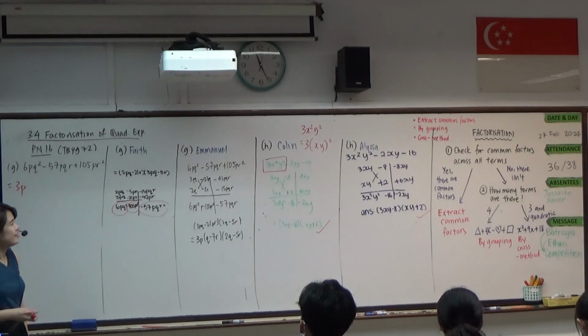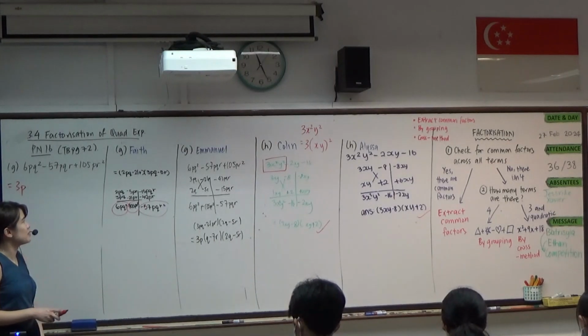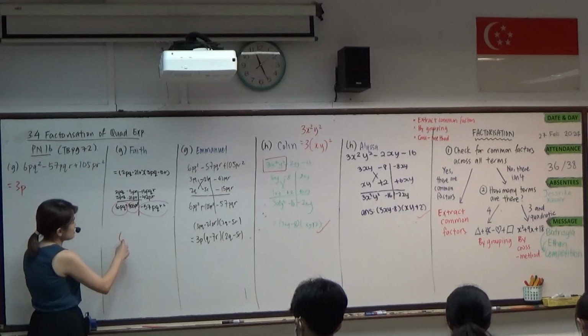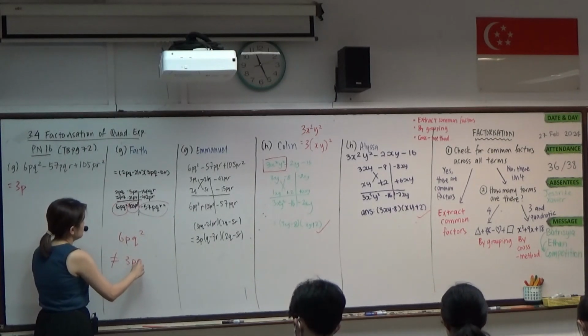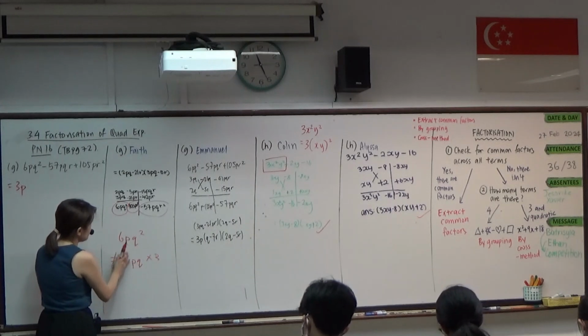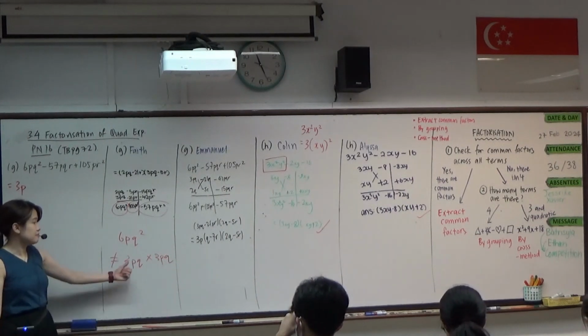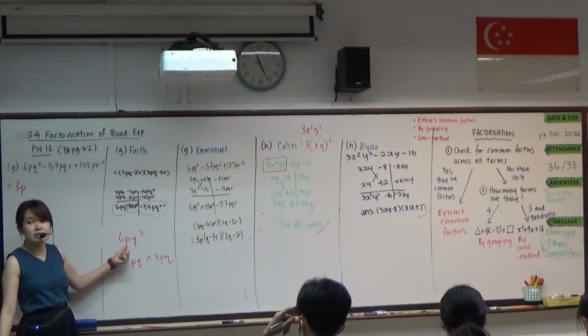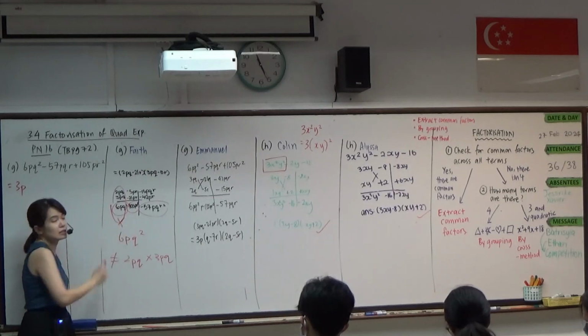So, how did this happen? I'm not sure. Also another thing I want to point out to Faith is that 6pq squared is not 3pq times 2pq, because p times p gives us p squared. This is only 1p, so actually this here is not correct.